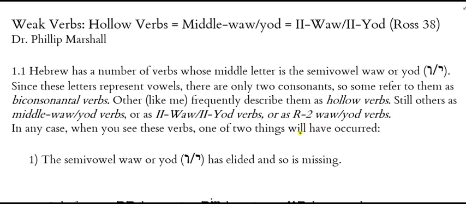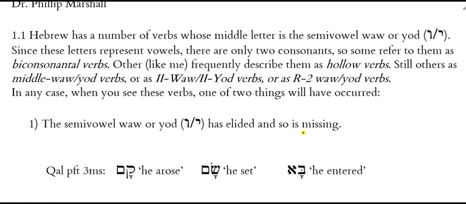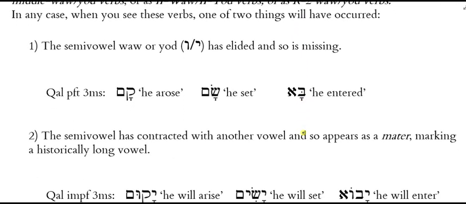In any case, when you see these verbs, one of two things will have occurred. Number one, the semi-vowel vav or yod has elided and so is missing. You won't see it. Some examples from the Qal perfect 3MS forms of these verbs are qam, so here you only see two consonants, right? Qof and mem. You don't see the middle vav or yod. This means he arose. Sam, he set. Ba, he entered.